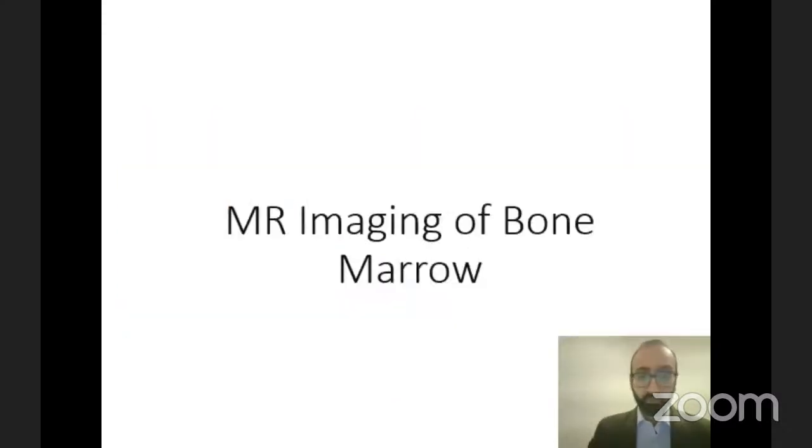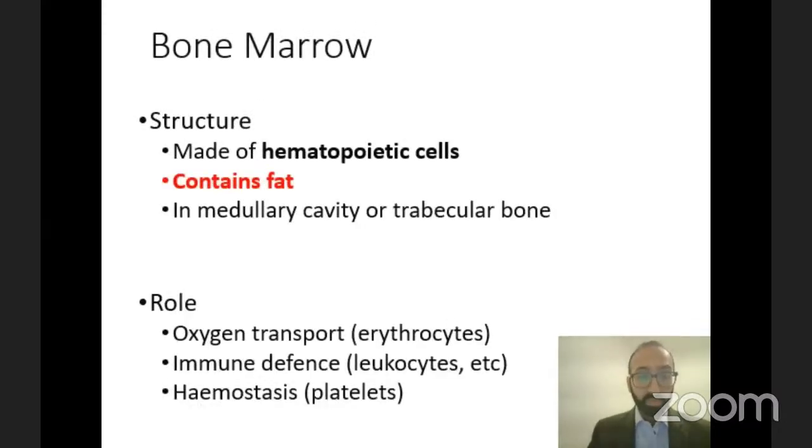So we're just going to start off with the basic approach to imaging bone marrow. Bone marrow is structurally made of hemopoietic cells, but in addition to the cellular material, it also contains fat. Again, this fat is stored in adipocytes, and it lies in the medullary cavity, interspersed around the trabecular bone.